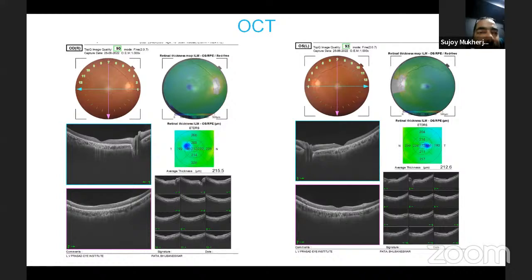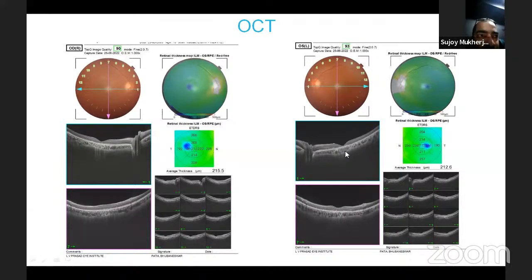Now the foveal contour. Based on the scalar value of 172, where usually it should be 200 to 240 micron, the foveal contour is a bit depressed. Now consider the intraretinal layers. How is their structure? As of now, the intraretinal layers appear to be okay, so they are preserved.